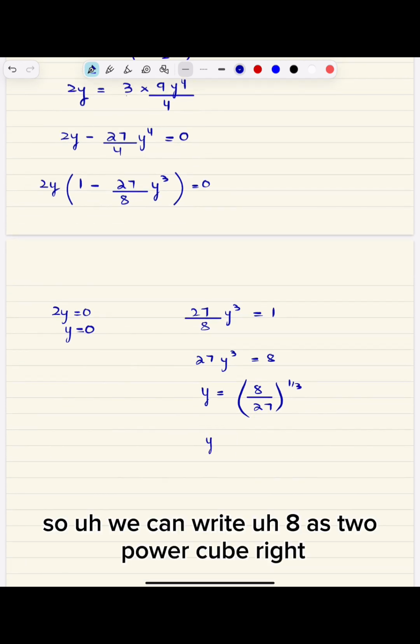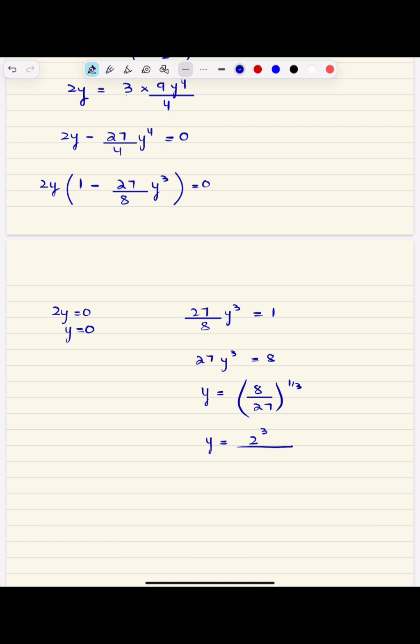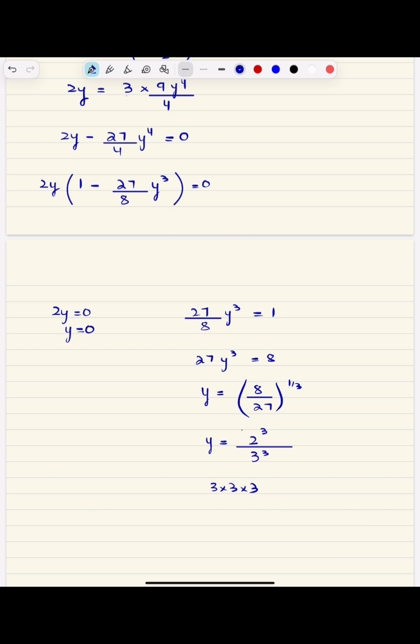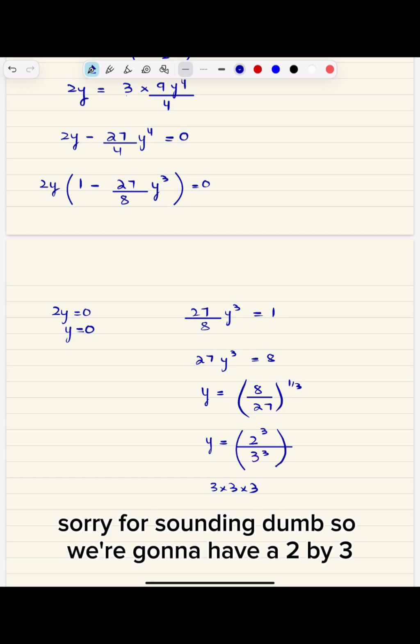We can write 8 as 2 cubed. What about 27? Yeah, I'm going blank. 3 threes are 9, 9 threes are 27. Oh, yeah. Sorry for sounding dumb. So we're going to have 2 by 3.